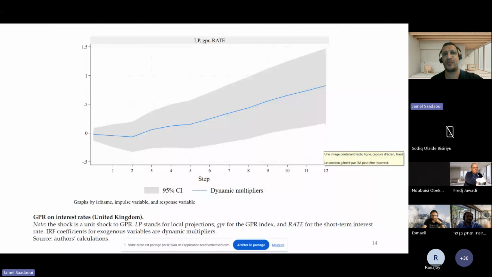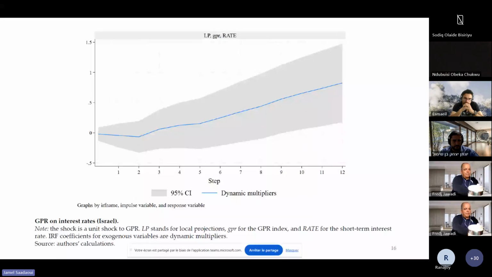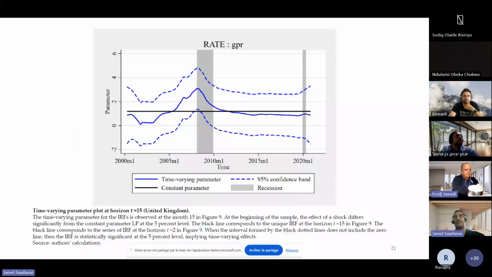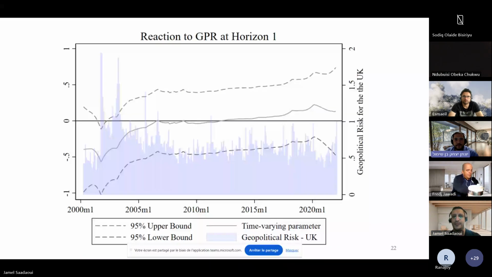So you have the average treatment effect, which produces a significant answer. But the significant answer is not the end of the story. It is also unstable, meaning that during some periods, the reaction has been not only significant but much stronger.